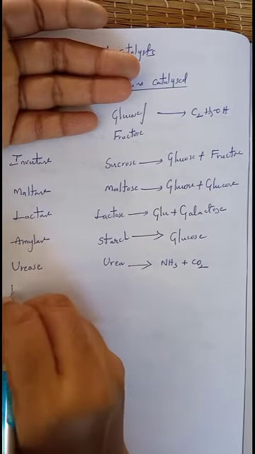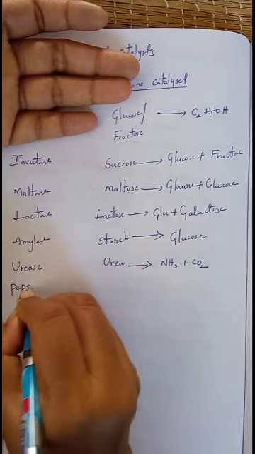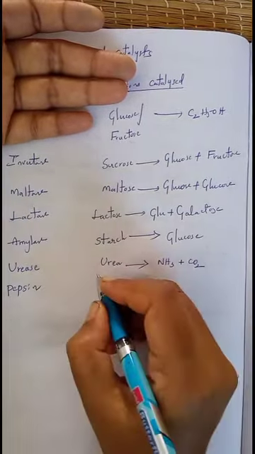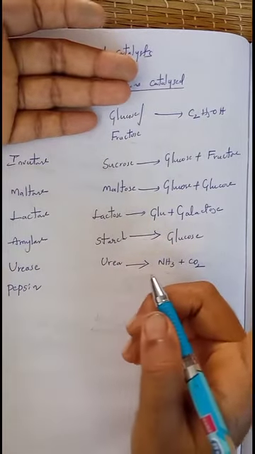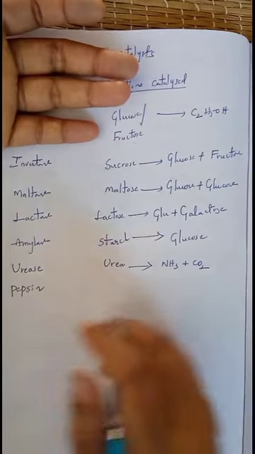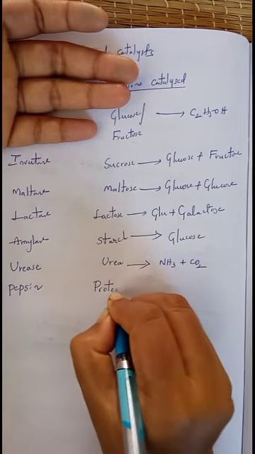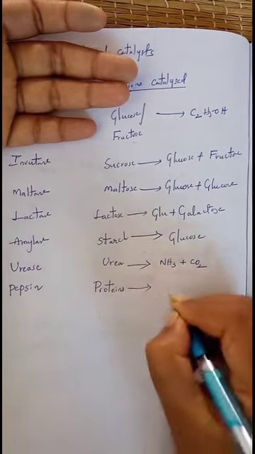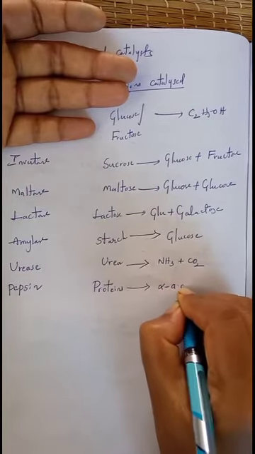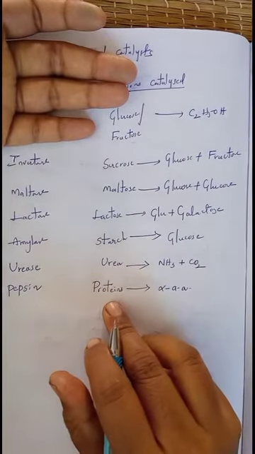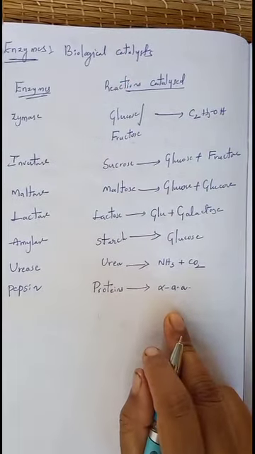Next one, pepsin. This pepsin is an enzyme where proteins can be converted into alpha amino acids, because most of the proteins are made up of alpha amino acids only.